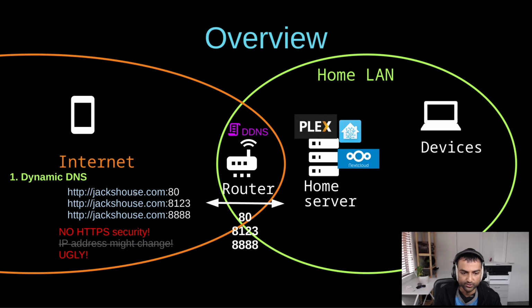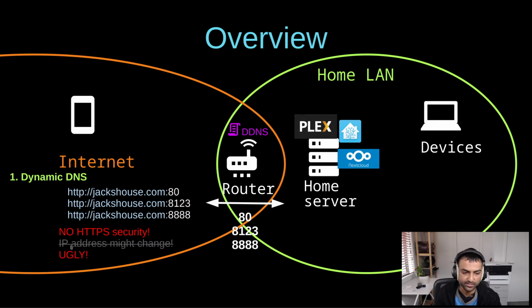And that allows you to point this URL to the IP address of your router and then run a script, or if your router supports it, change the DDNS setting to update your dynamic DNS server and make sure that the URL always points to the IP address of the router, even if it changes.